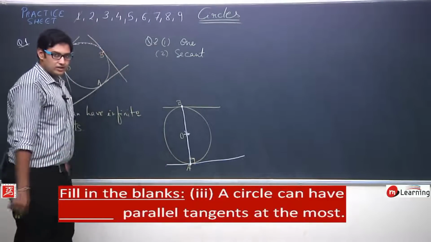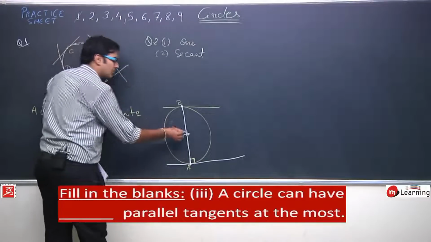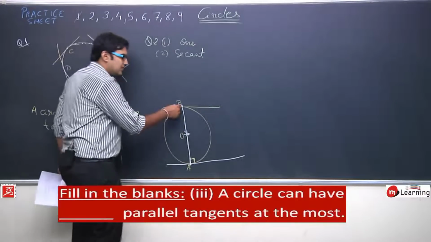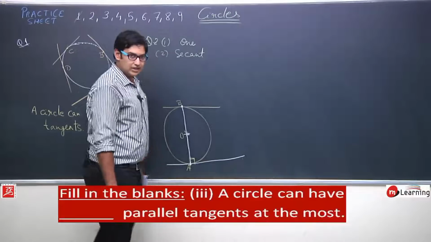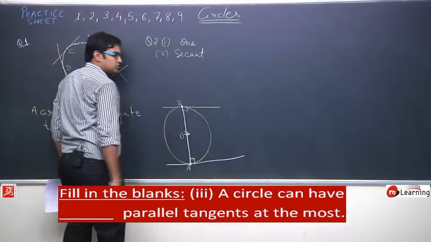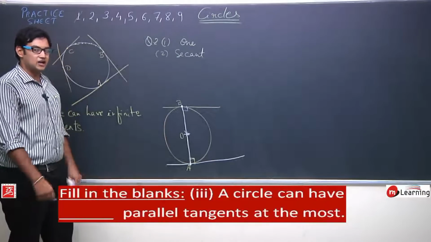Now, similarly, this OB is the radius of the circle. B is the point of contact of the circle and the tangent. So this angle OBis also 90 degrees. This angle is also a 90 degree angle.